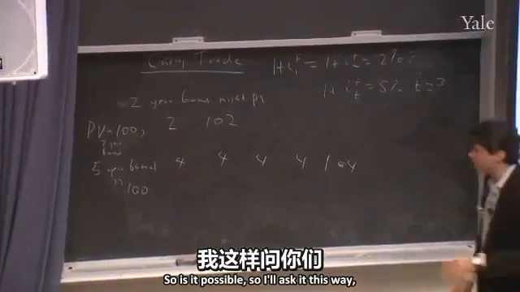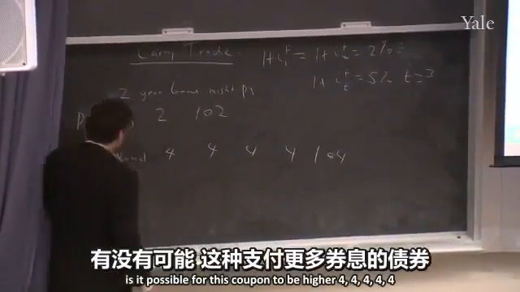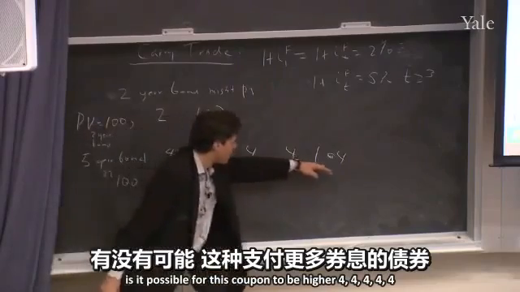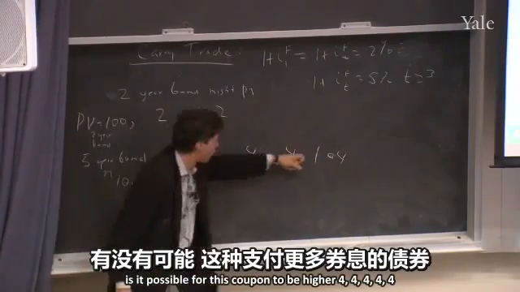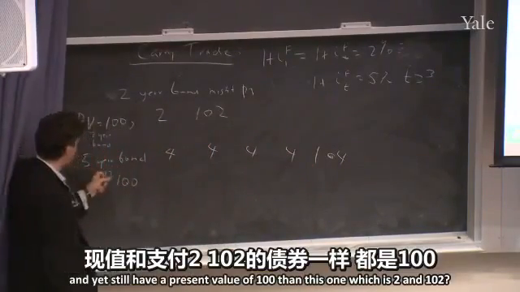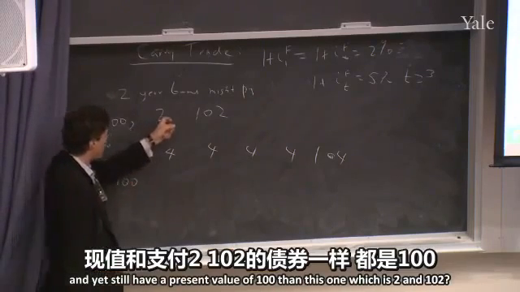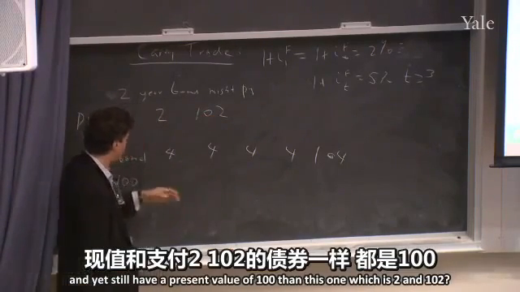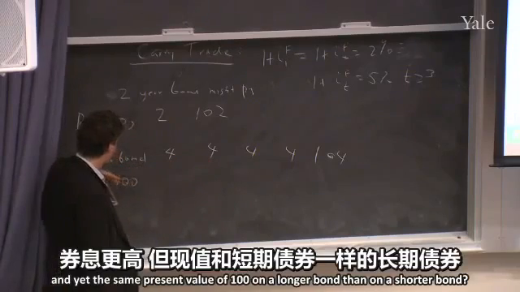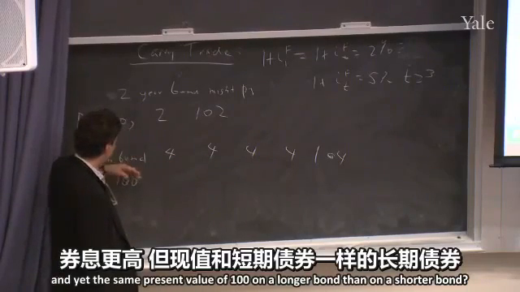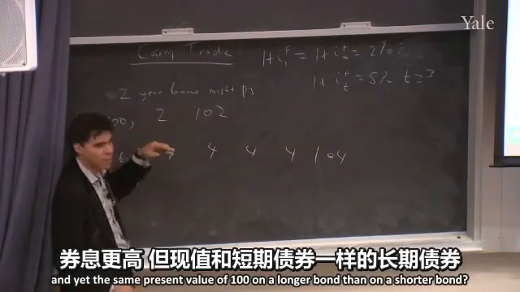So I'll ask it this way: is it possible for this coupon to be higher, 4, 4, 4, 4, 4, and yet still have a present value of 100, than this one, which is 2 and 102? Could you have a higher coupon and yet the same present value of 100 on a longer bond than on a shorter bond?